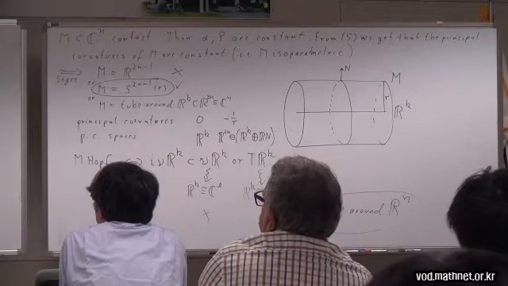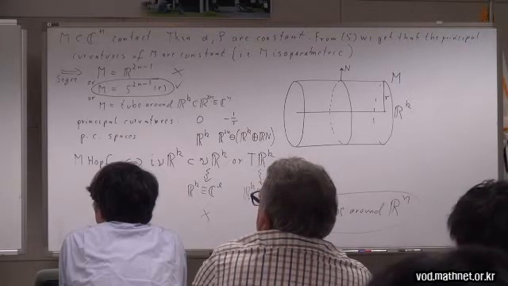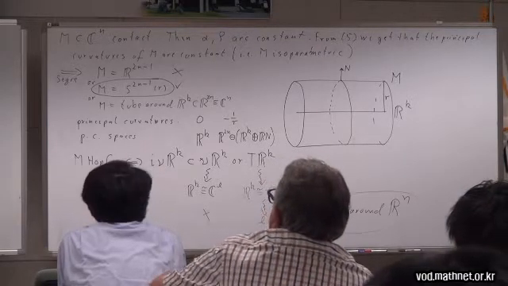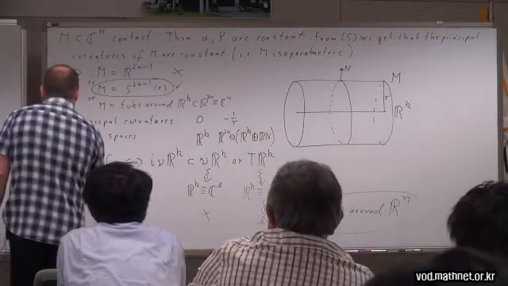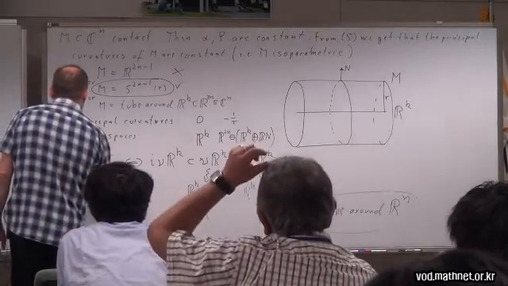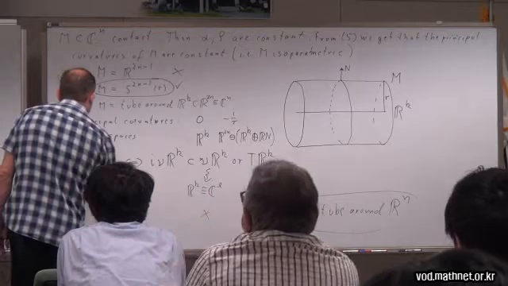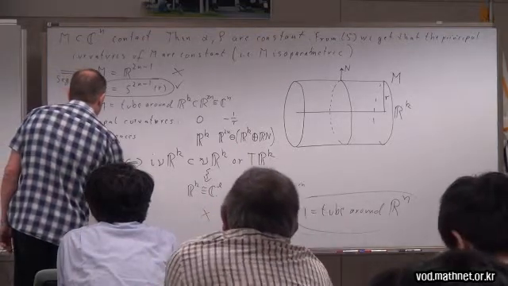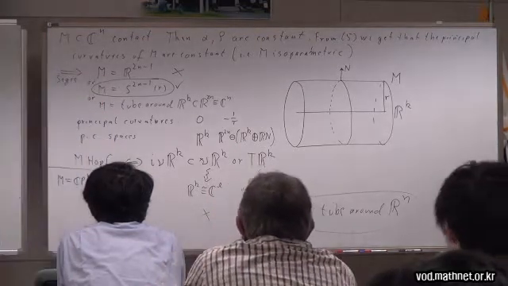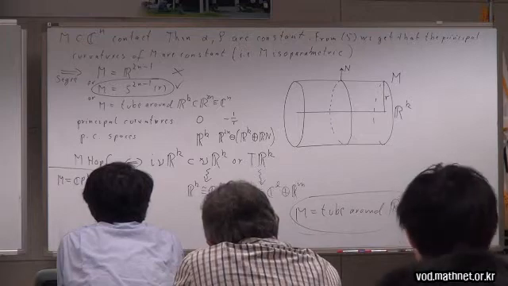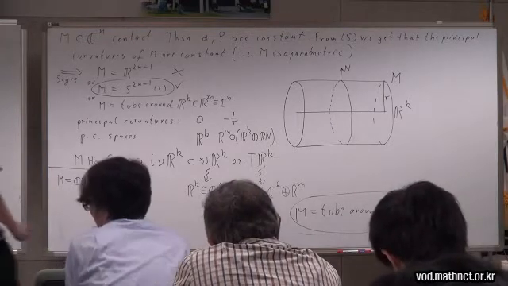So this was done by Okumura. Let me write for M equal to CPn, Okumura in 1966, so that's a long time ago.